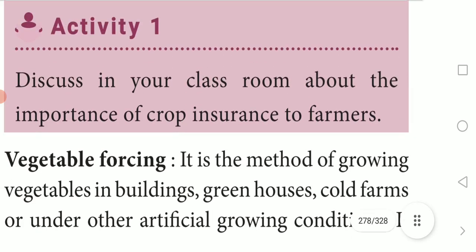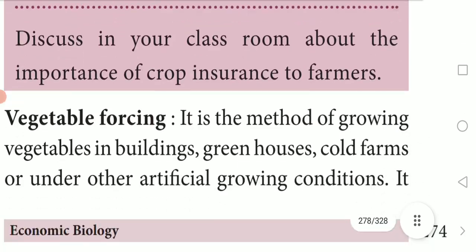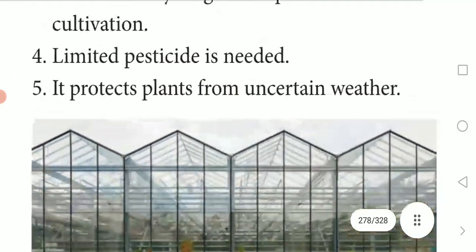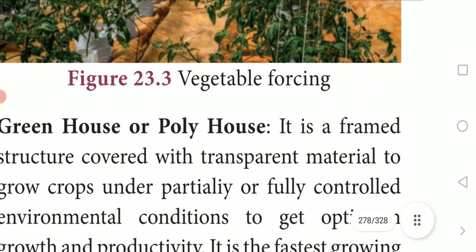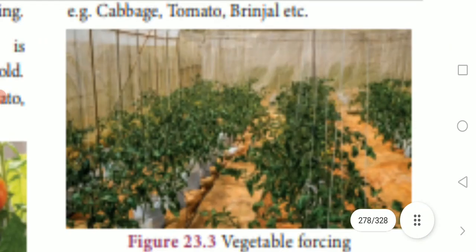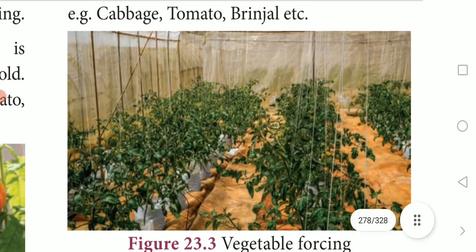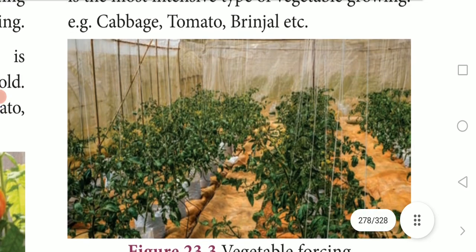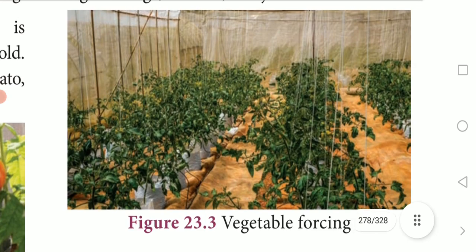This is vegetable forcing. I'll show you the picture here. On a large scale they cultivate, and this can be sold in the market. Examples: cabbage, tomato, brinjal. So you can go through this vegetable farming picture in your class work.